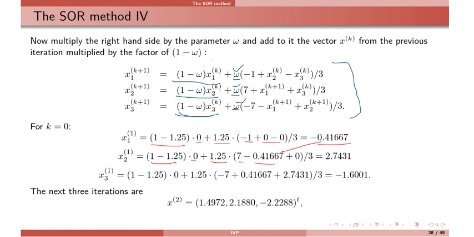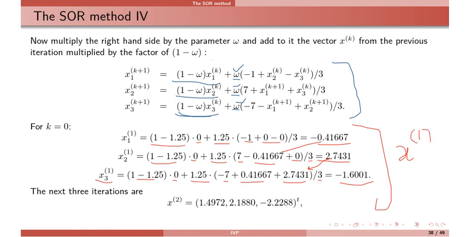Then x3 is 0, divide by 3, 2.7 something. Then x3: 1 minus omega, x3 is 0, so 1.25 minus 7 plus x1, this is the new x2 here, divide by 3. So this is the first answer.